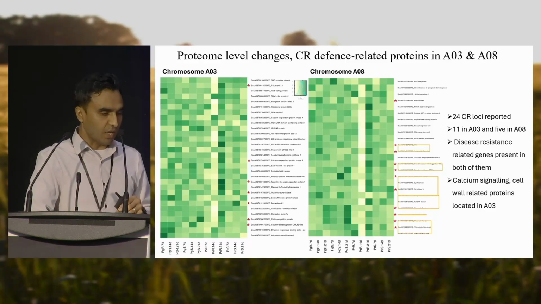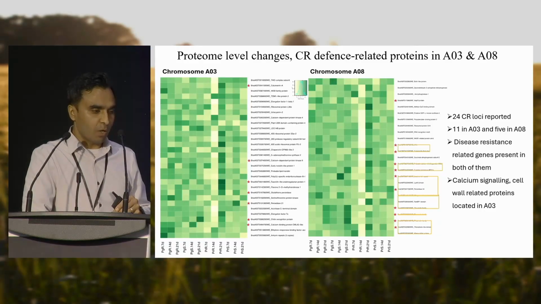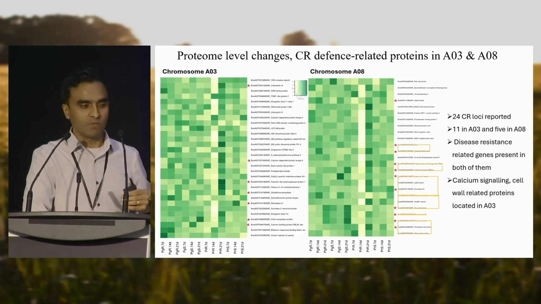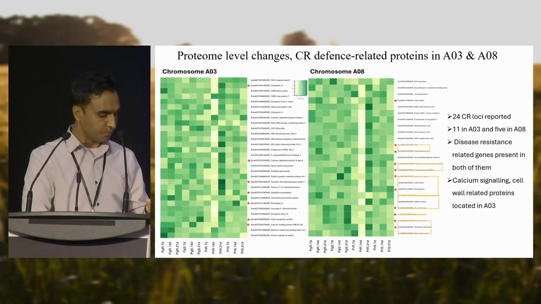In our recent study, we took about 100 genes that are linked to chromosome 3, and we characterized how chromosome 3 is involved in the resistance mechanism process.